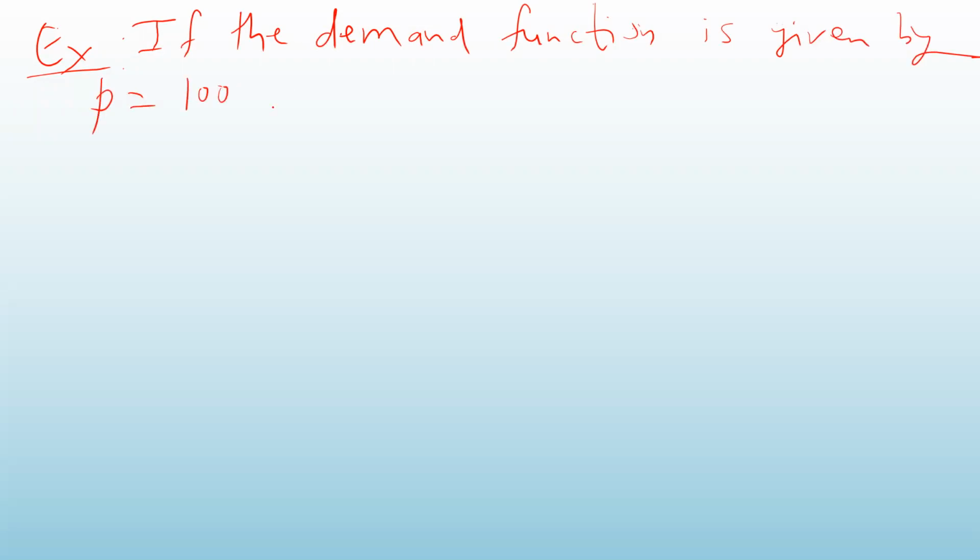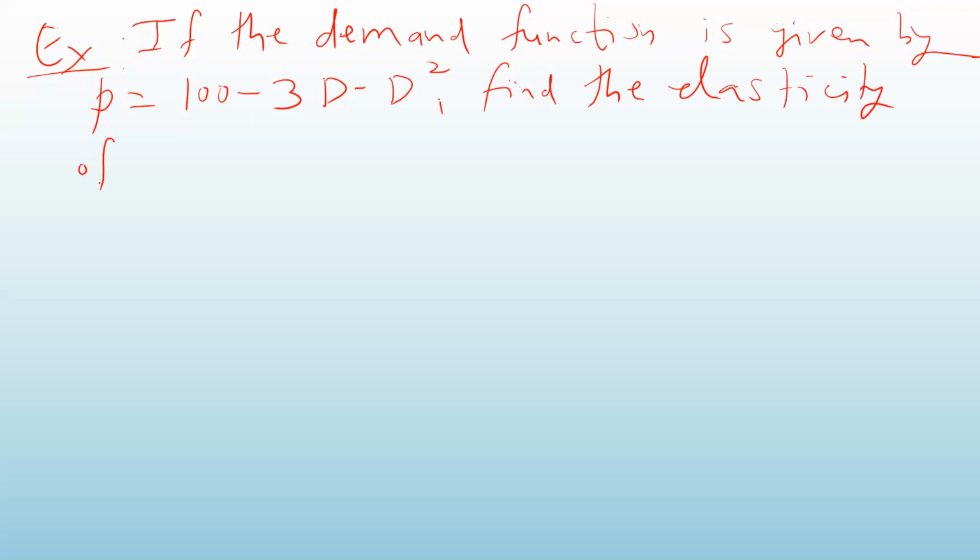So you can write P in terms of D or D in terms of P. Find the elasticity of demand when demand D is 2. So you are given here the demand function, that means a relation between price and demand. We have to find out the elasticity of demand when the demand is 2.